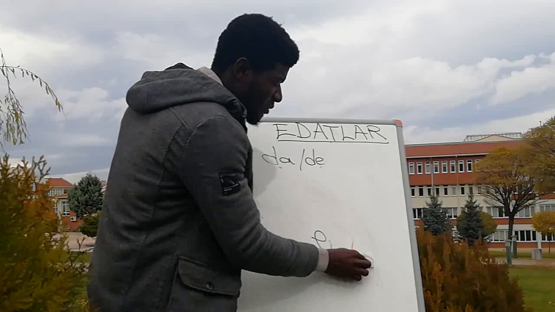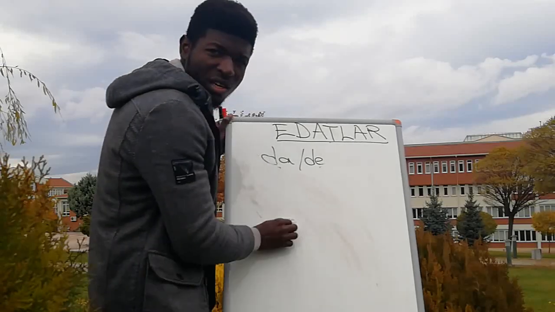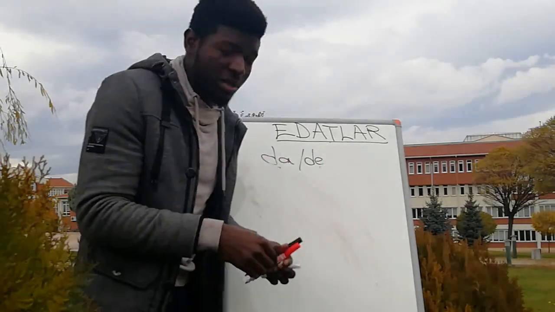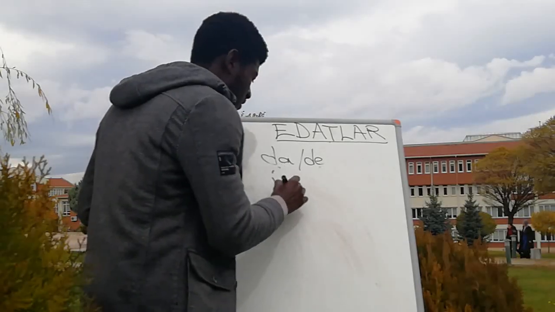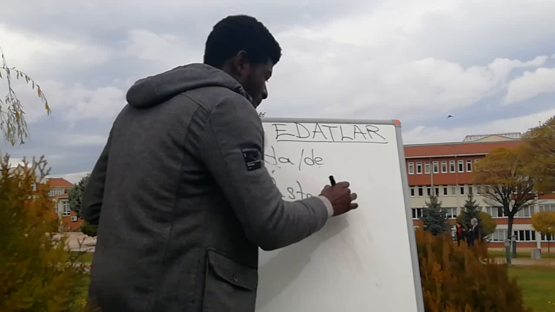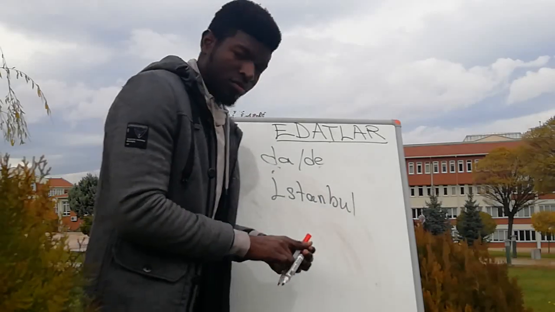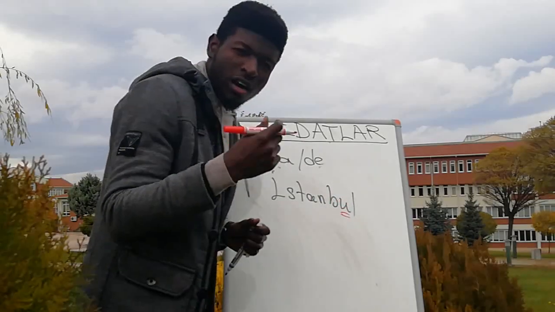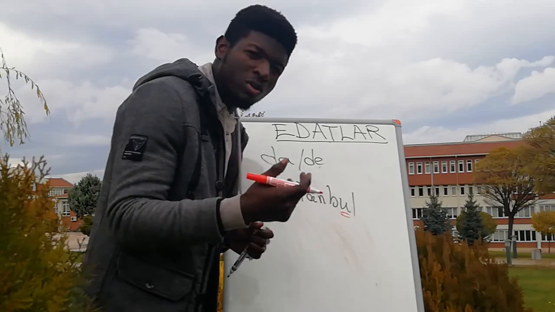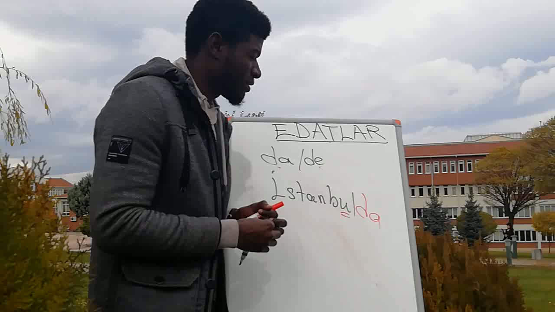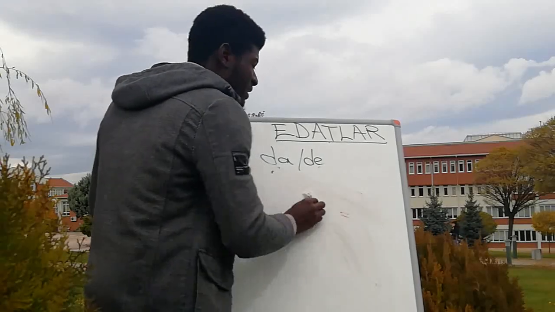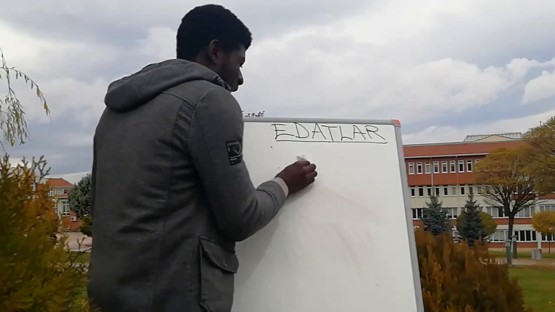It's the same thing if you want to say in the city, or in Eskişehir, or in Istanbul. Istanbul ends in a strong vowel, right? So we'll be using da. Okay, that's all. Now let's come to a.